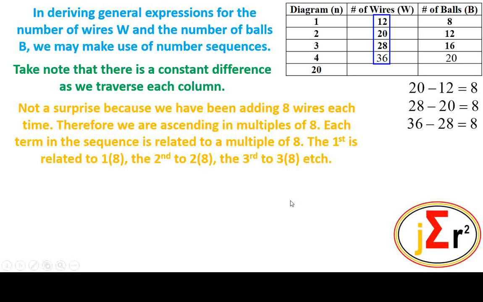Therefore, we are ascending in multiples of 8. Each term in the sequence is related to a multiple of 8. It might sound strange that we are adding each time, but we are saying a multiple of 8.